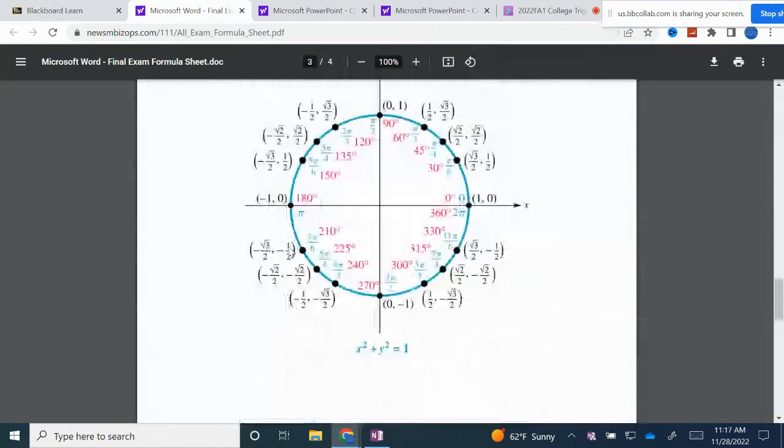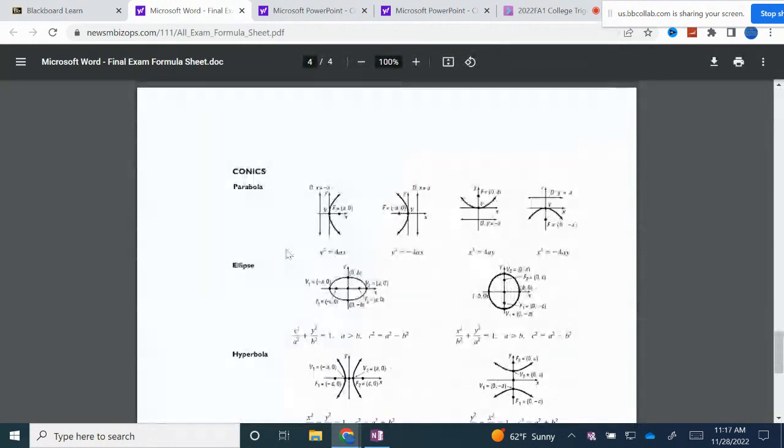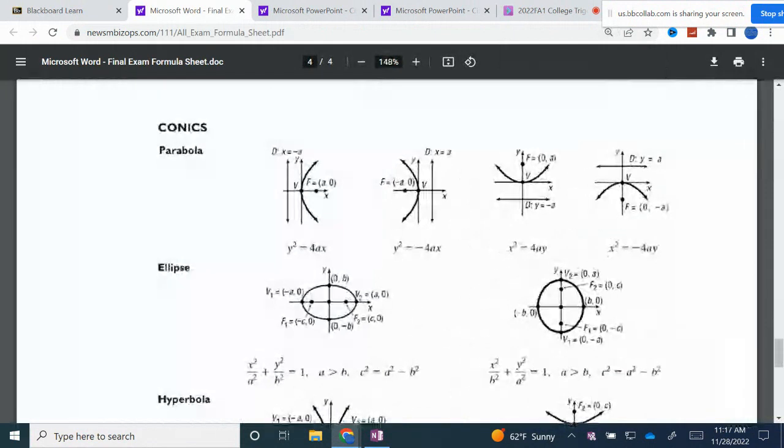And on the last page, notice we have a conic section. So we basically looked at these formulas for the parabola, and I have just changed the variable. On this formula sheet, the variable is A, but this textbook uses the variable P. All right, so here's where you can find the formulas for the parabola.